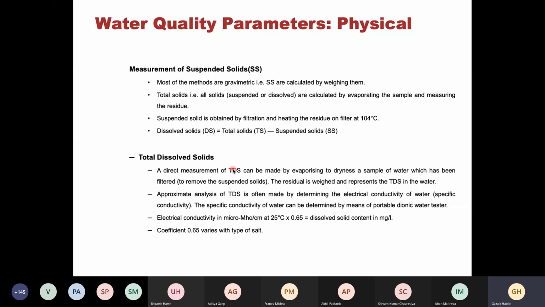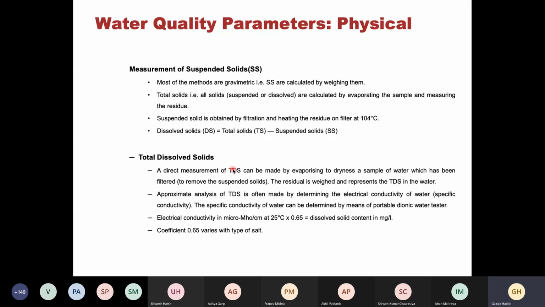So here it's saying that suspended solid is obtained by filtration and heating the residue to 104 degrees centigrade, right? Total solid means the solid which has suspended solid and dissolved solid both. Dissolved solid can only be removed if you heat it above 100 degrees centigrade. But this temperature should not be as high as 110 or 120, because in that case there is a possibility of breaking of some of the compounds.